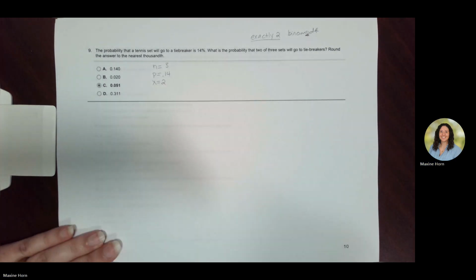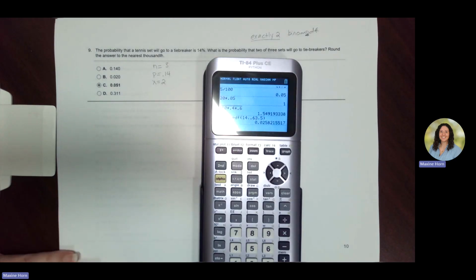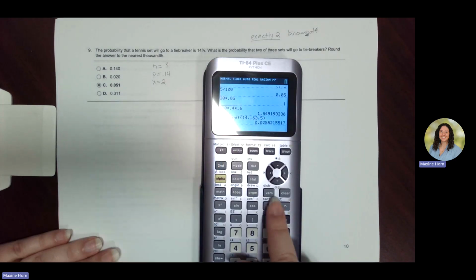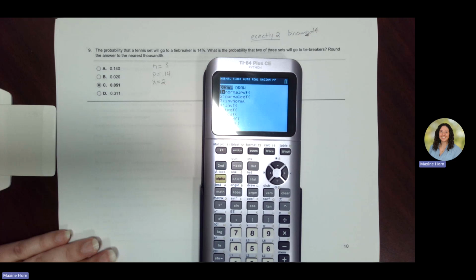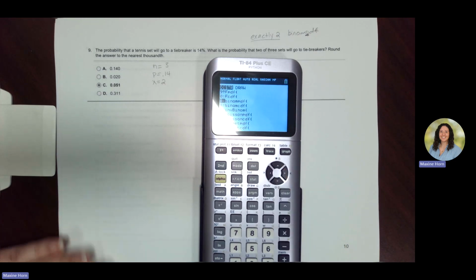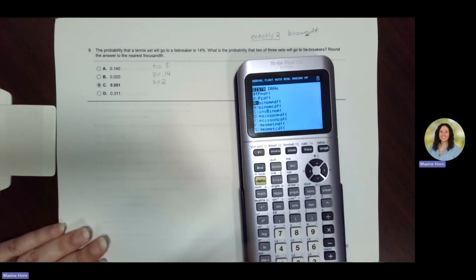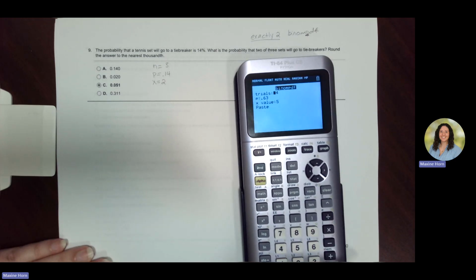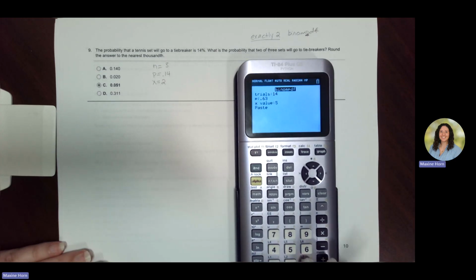Okay, so in our calculators, we go second vars. We arrow down or up to binom PDF, or we can go directly there using alpha. I plug in my trials as my N, that's 3. Probability of success, 0.14.